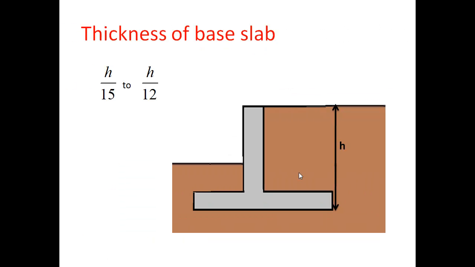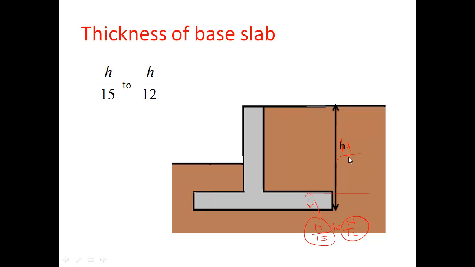The thickness of the base slab. If the overall height is capital H, then the base slab thickness we can take as H by 15 to H by 12. You can take any value between H by 15 and H by 12.